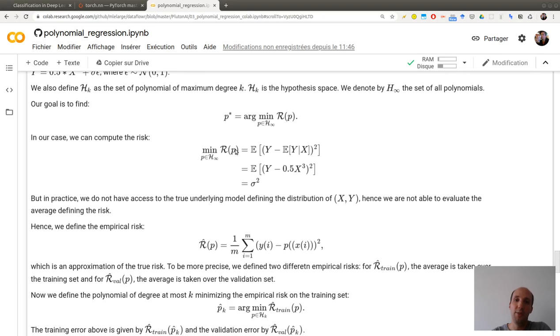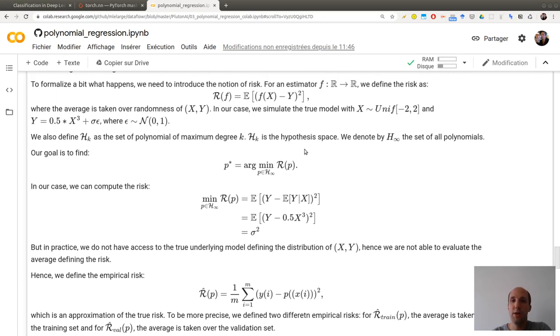Now, I'm defining what are called different hypothesis spaces, H_k, where k is the maximum degree of my polynomial in H_k. Clearly, what I'd like to find is the best polynomial among all possible polynomials, minimizing this risk for my problem.